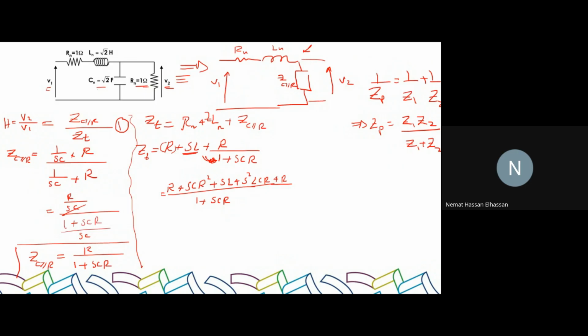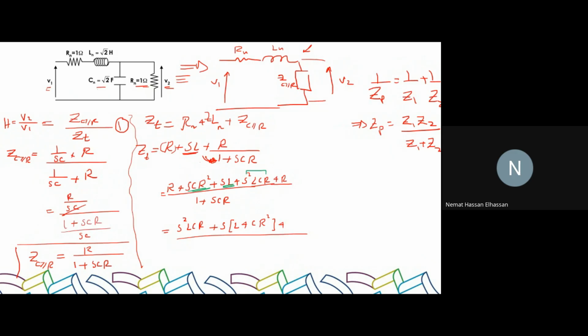Let me just organize it by order. So it will be S squared LCR plus, so I'm just ordering it by the power of S, the S squared, and then without S. This is S squared. And I have two terms with S. I have SL and SCR squared, right? So I'll take S as a common factor. S times L plus CR squared, right? What do I have left finally?